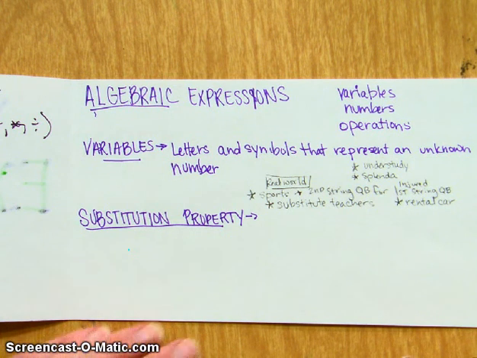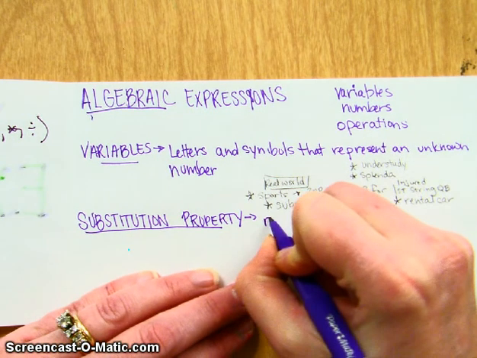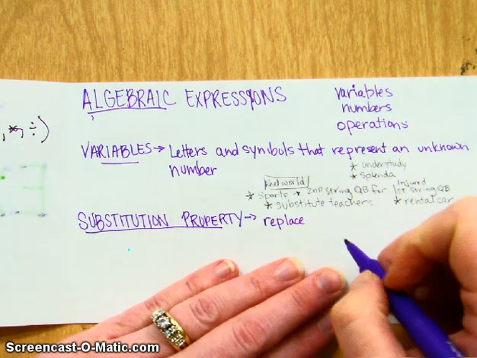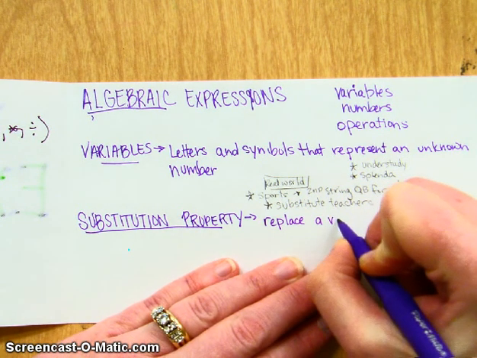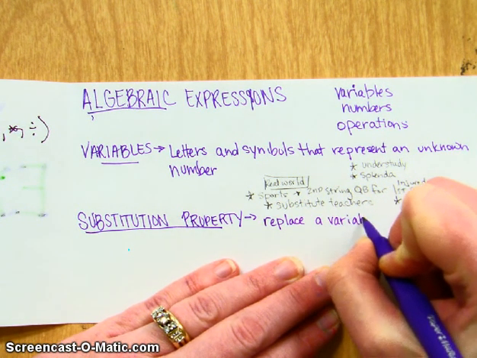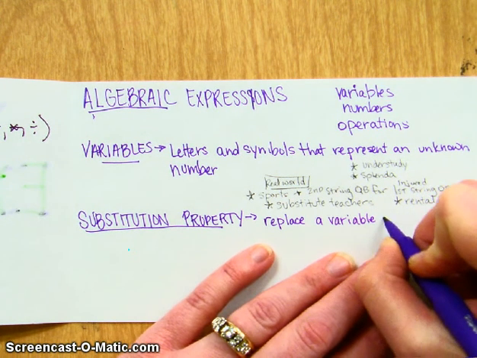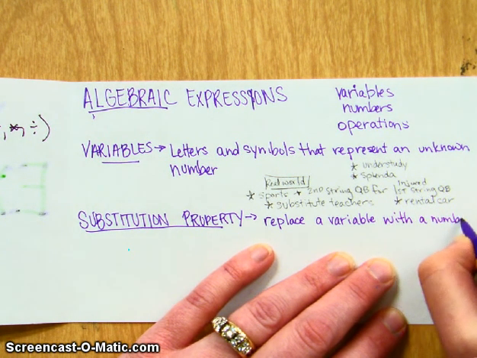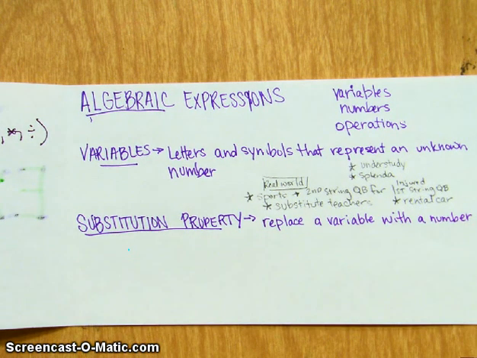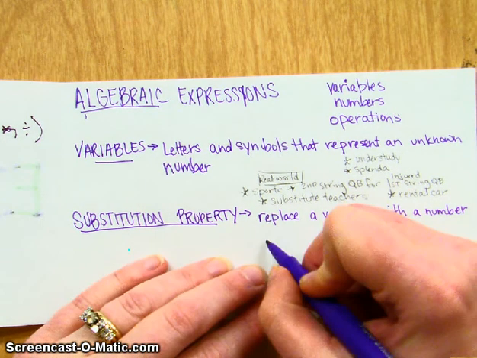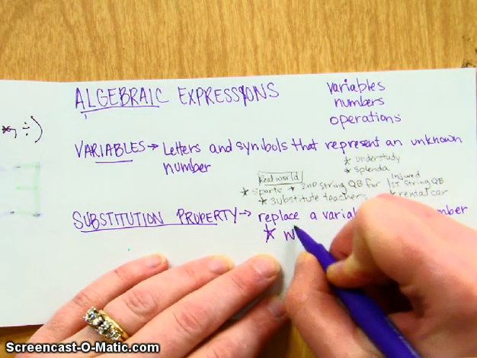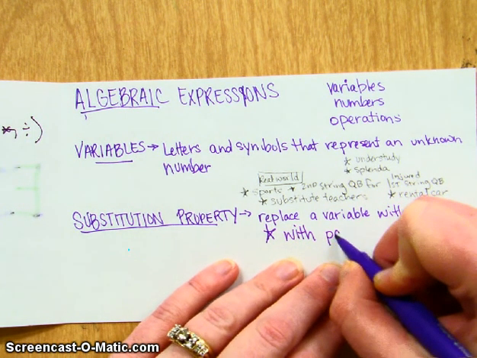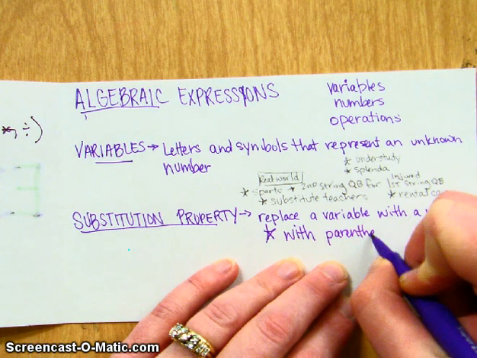Looking at how we use it in math, and specifically in expressions, algebraic expressions. We are going to replace a variable. So if you want to think of the variable as the first string with a number, and the problem will tell you what number to use. And I'm going to tell you, especially when you're dealing with negatives, substitute in with parentheses.